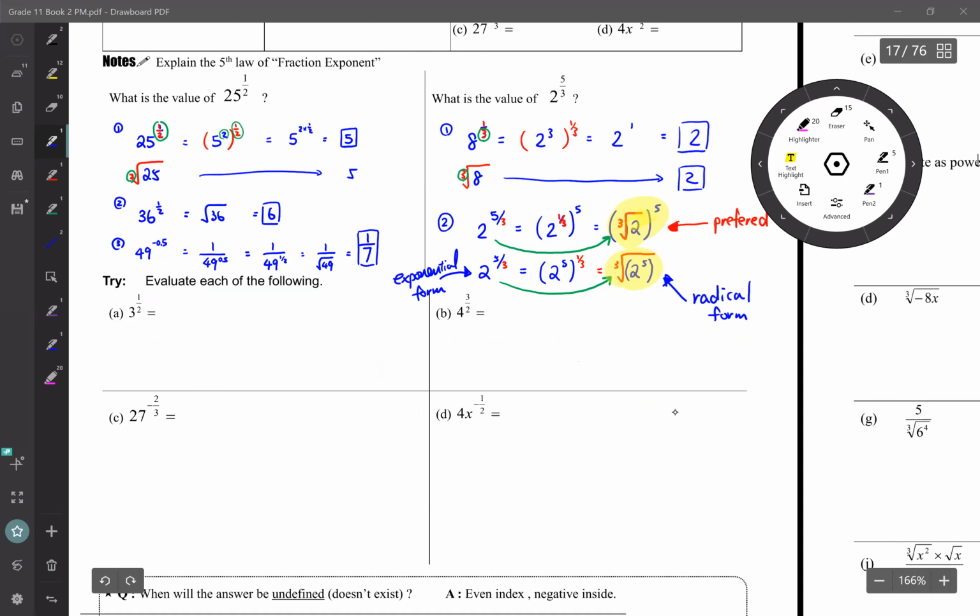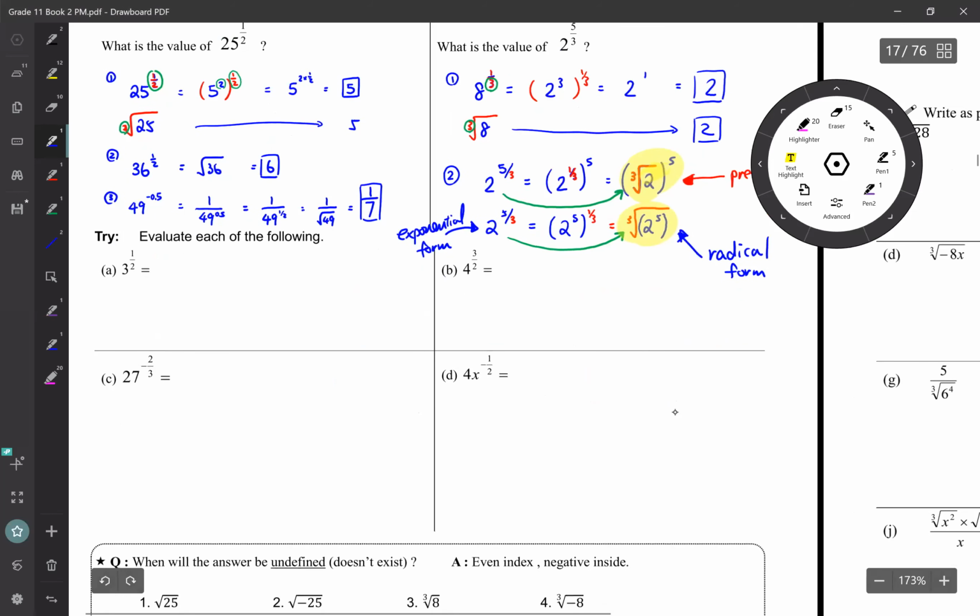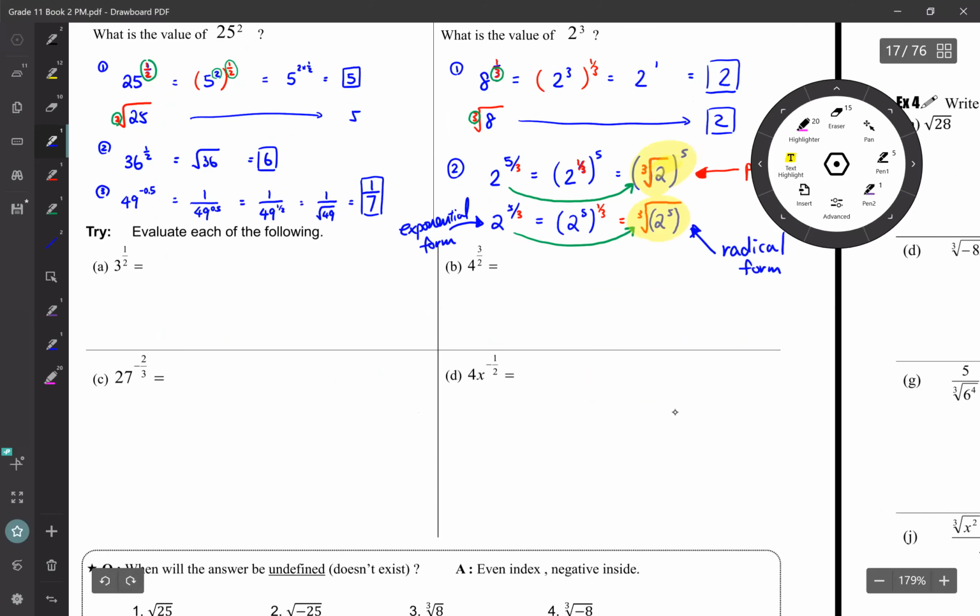Okay, let's try the following 4 questions, okay? So here we want to evaluate each of the fraction exponents. Some of them you cannot evaluate because it's not a perfect square or cube. You just write it out in radical form, okay? So first thing is to turn them all into radical form.